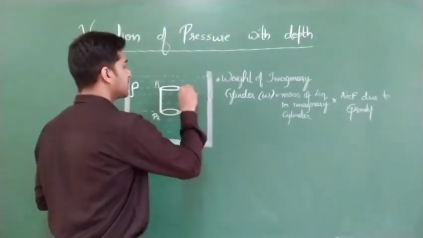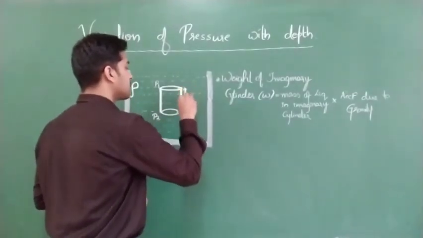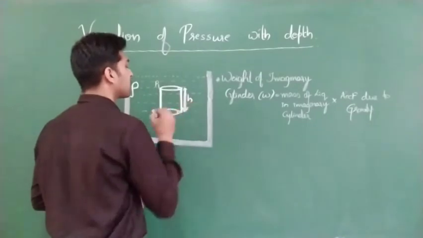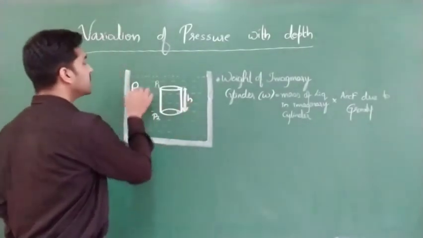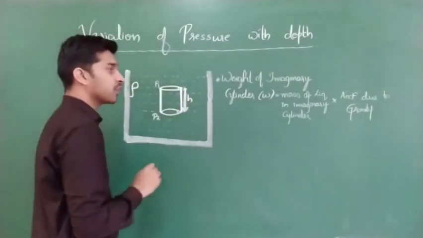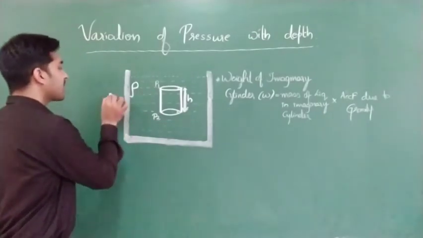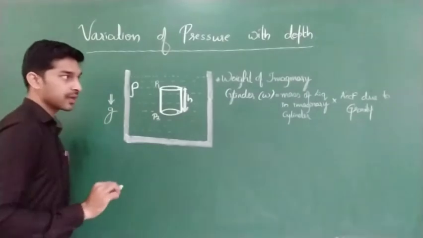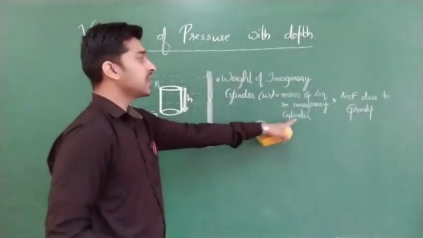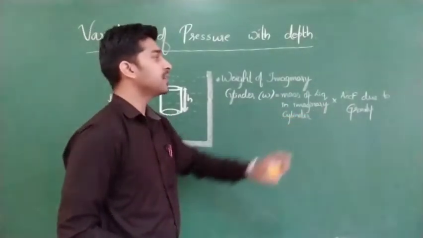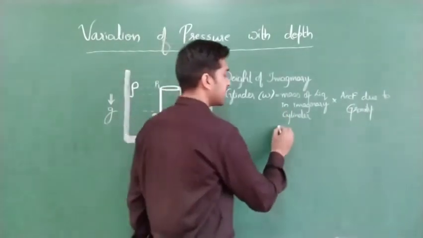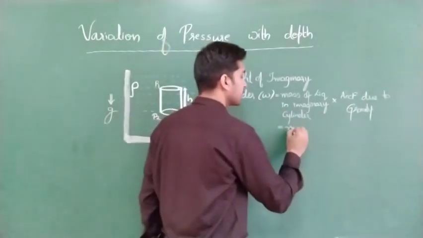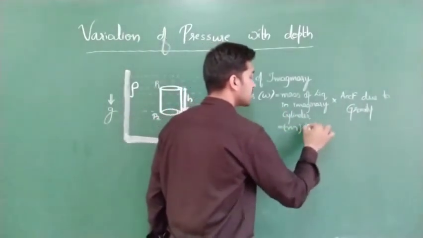The height of this imaginary cylinder is h. And rho is the density of water, and g is the acceleration due to gravity acting in the downward direction. So the mass of the liquid in the imaginary cylinder into acceleration due to gravity, first I will write as small m into small g.